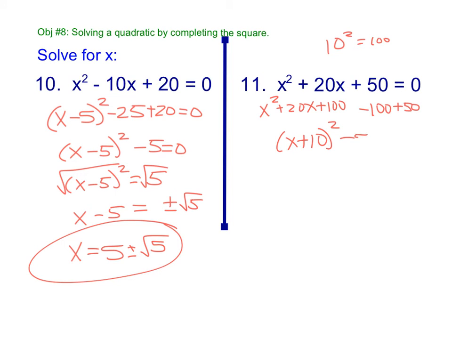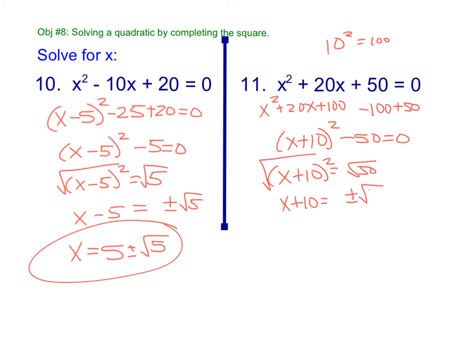So that's minus 50 equals 0. Move the 50 over. Square root. Oh, I wrote the square root already. So x plus 10 equals plus or minus root 50. And then finally subtract the 10.